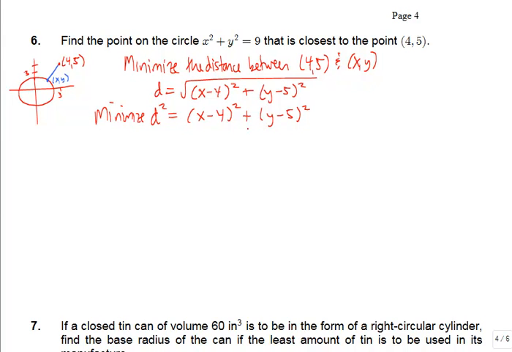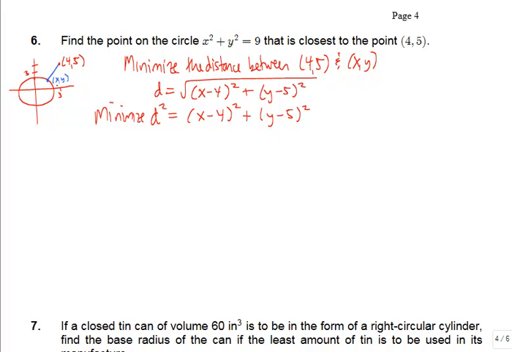Now notice this was our objective, because this is what we're trying to minimize. Where's our constraint? We have 2 variables here, and we can't take a derivative of this until we eliminate one of those variables. So the variable y or x, whichever one we choose to get rid of, needs to get eliminated using our constraint. What is the constraint?